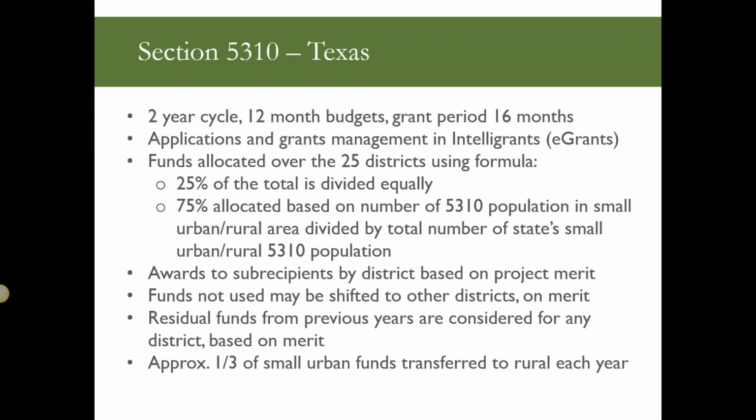That gets into our administrative code, the exact calculation there. Our awards are based on merit. Everything is scored. And any residual funds, either from the open call or previous calls, can be shifted around the state, depending on merit and need.